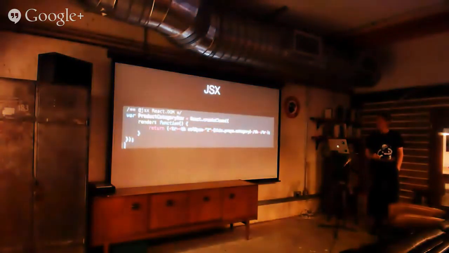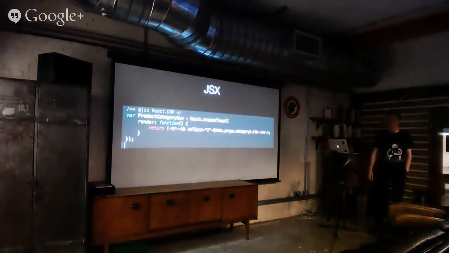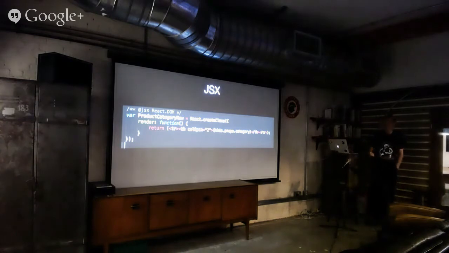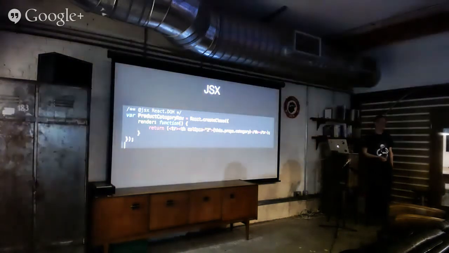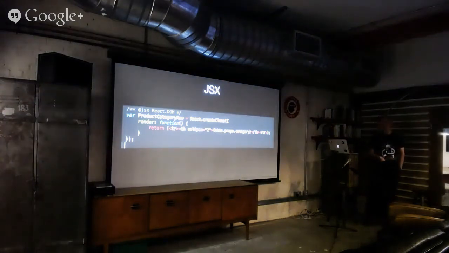Right. So when you start learning Facebook React, the first thing you stumble on is JSX, and if you listen to Facebook guys presenting the whole thing, they usually mention that JSX is this thing. Why they actually wanted to do it is because Facebook designers understand CSS and HTML, but apparently don't understand JavaScript.